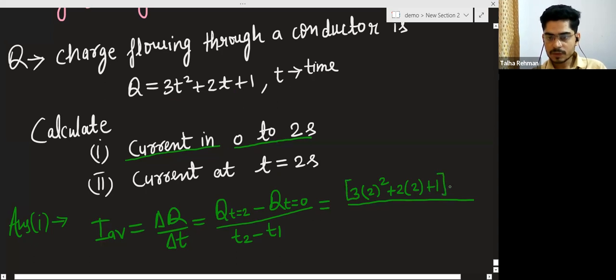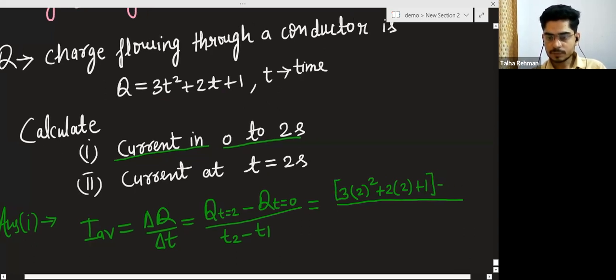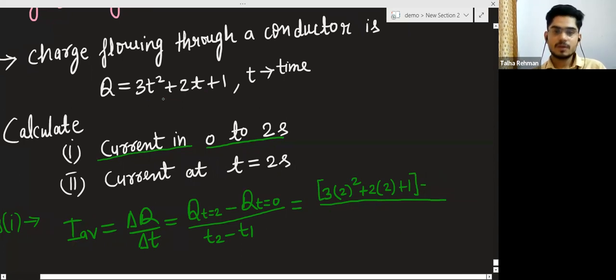Now put the value 0. When we multiply 3 with 0, this will become 0. Plus this will also become 0 because t is 0 here. Only thing left is 1. And t2 minus t1 is 2 minus 0. And we will get the answer.